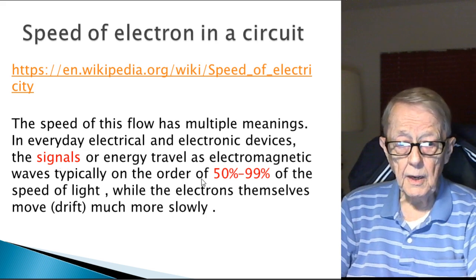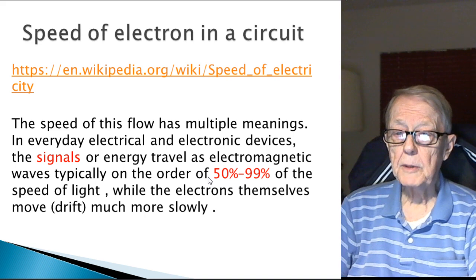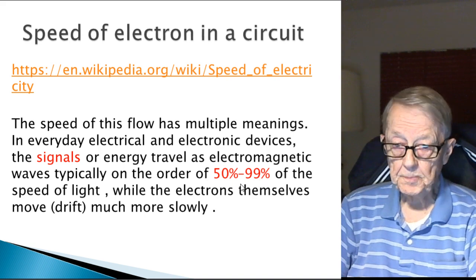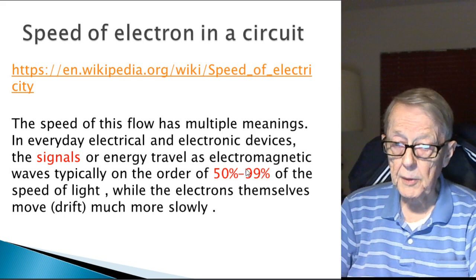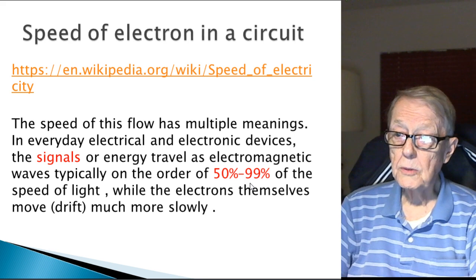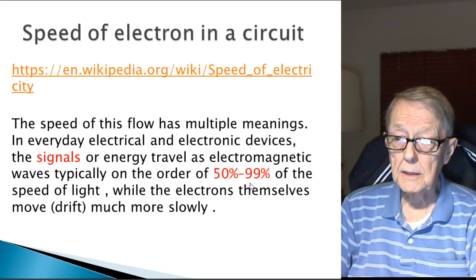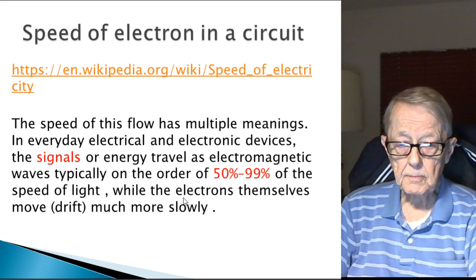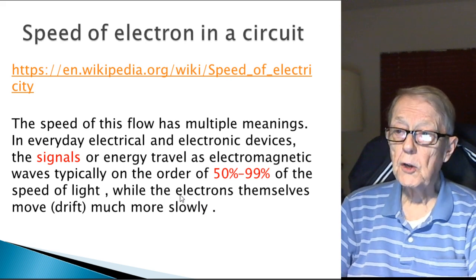They typically have a speed on the order of 50% to 99% of the speed of light. Some of them go in the circuit at almost exactly the speed of light. Imagine that in a circuit it's going at the speed of light.